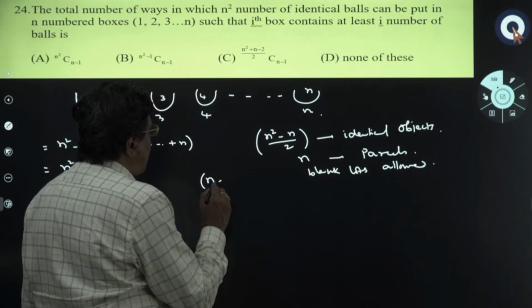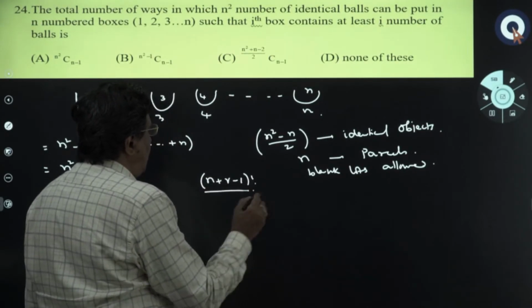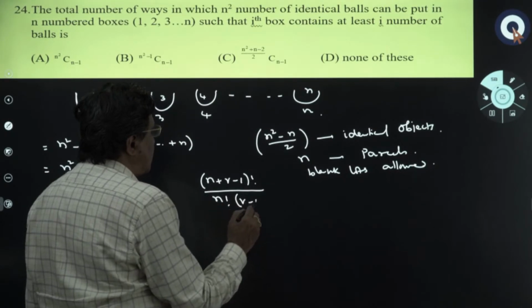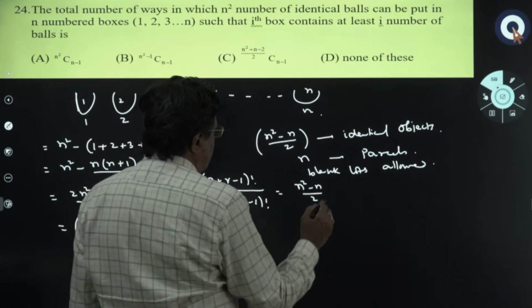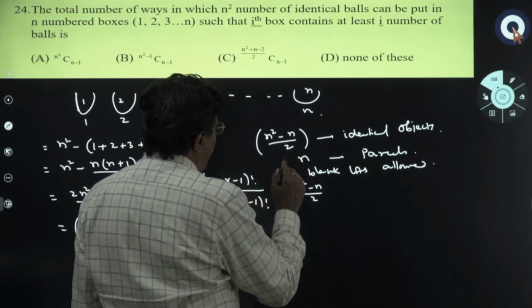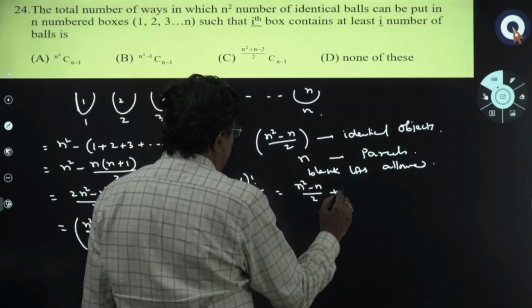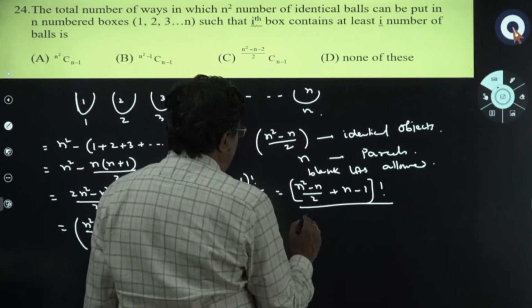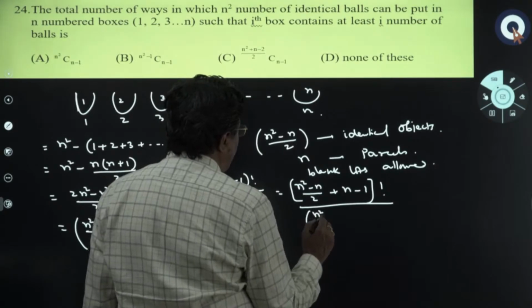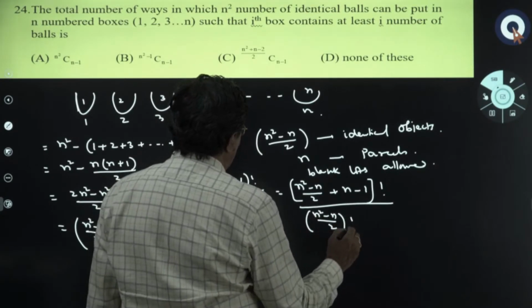It is (n+r-1)! / (n! (r-1)!). So in place of n you have (n square minus n)/2, and in place of r you have n.